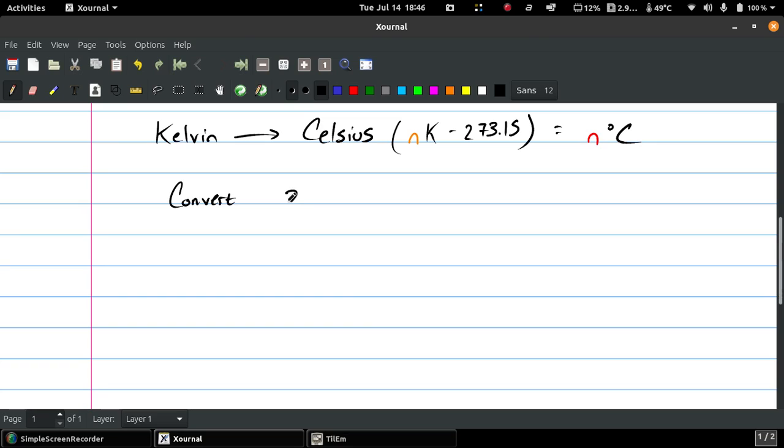So, convert 28 degrees Celsius to Fahrenheit. Okay, first we have to pick the formula we're using. Since we're going from Celsius to Fahrenheit, we're going to use the first formula. So you have 28 degrees Celsius times 9/5 plus 32 equals.